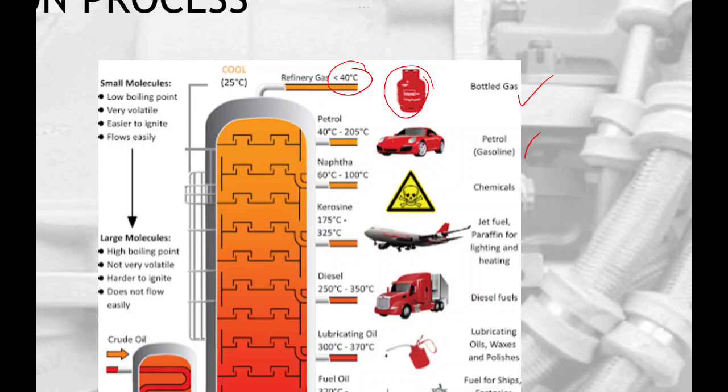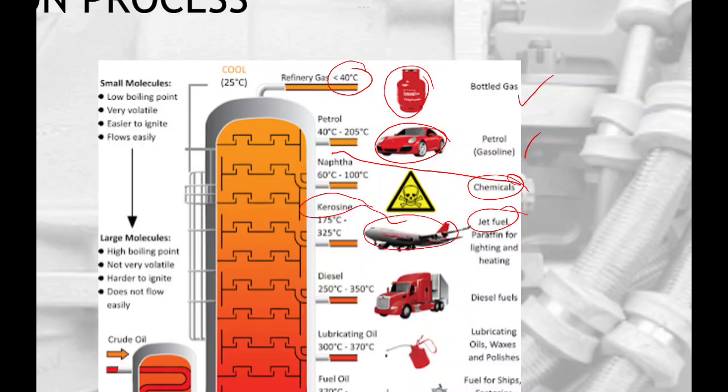For 60 degrees to 100 degrees Celsius, you'll get the chemical naphtha. For 175 degrees Celsius to 325 degrees Celsius, you'll get kerosene, commonly used in planes as jet fuel.